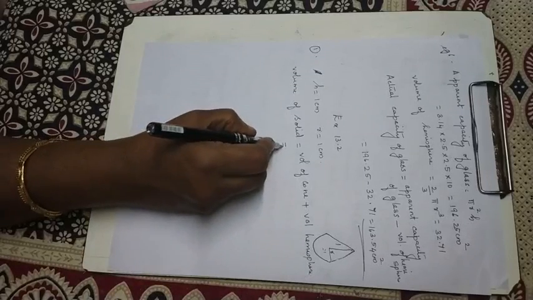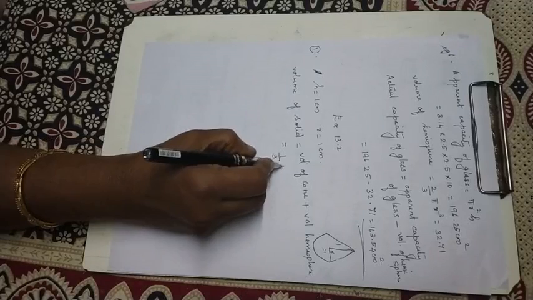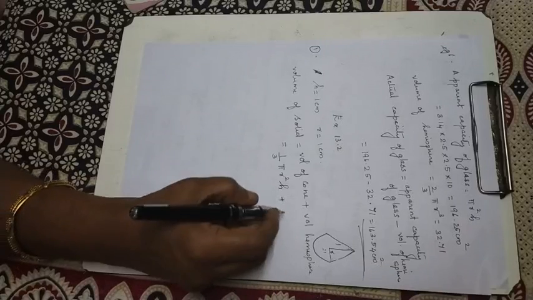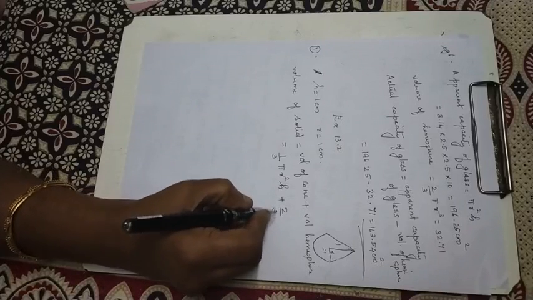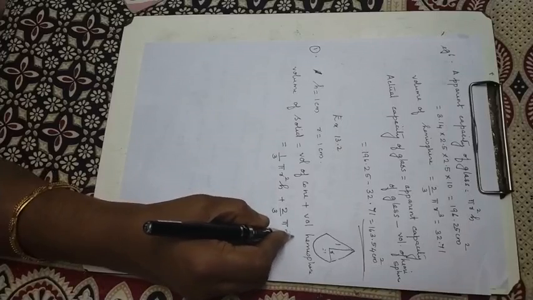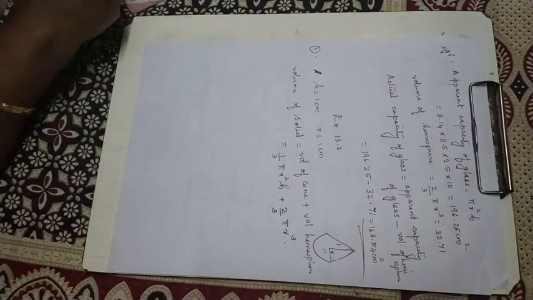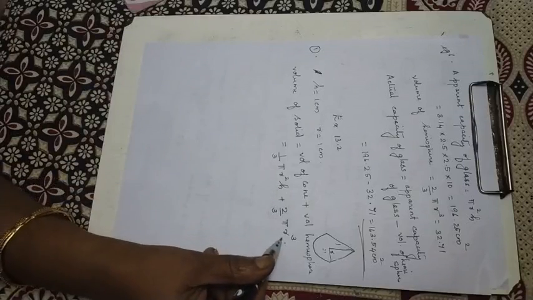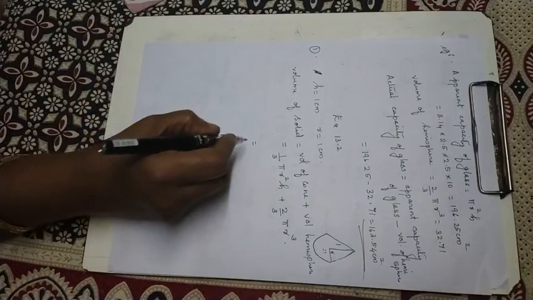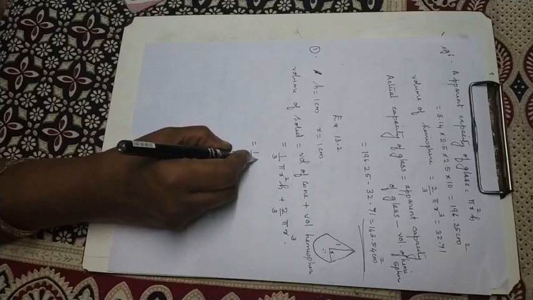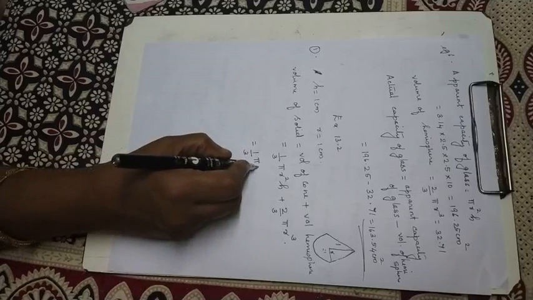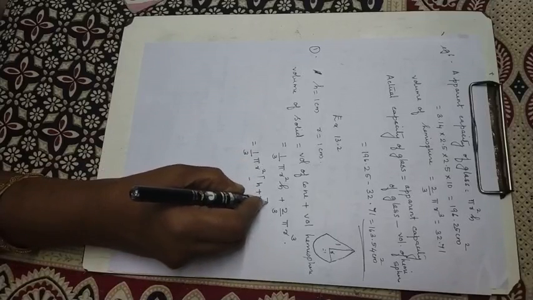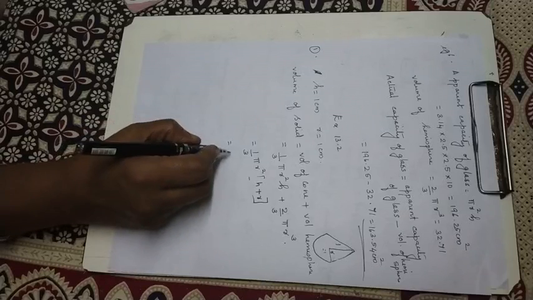The volume of the cone we know is 1 by 3 pi r square h, and the volume of the hemisphere is 2 by 3 pi r cube. So here 1 by 3 pi r square is common, and here h plus 2r will come. H and r are all equal to 1.